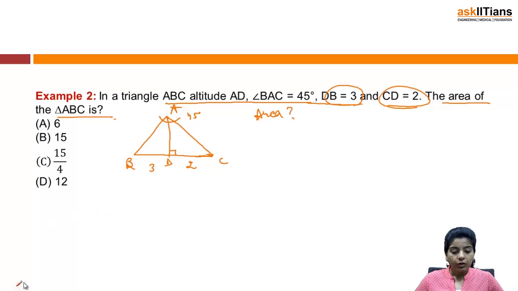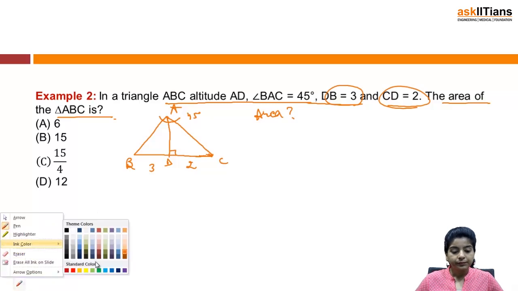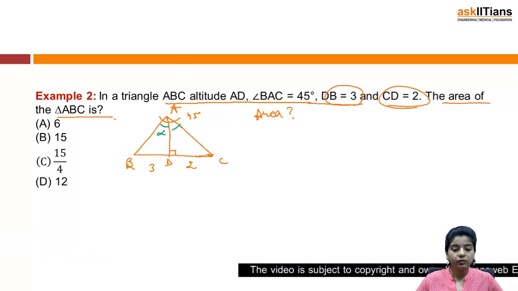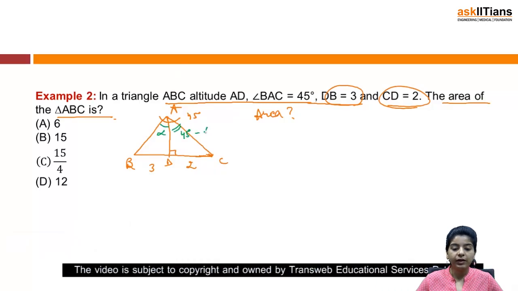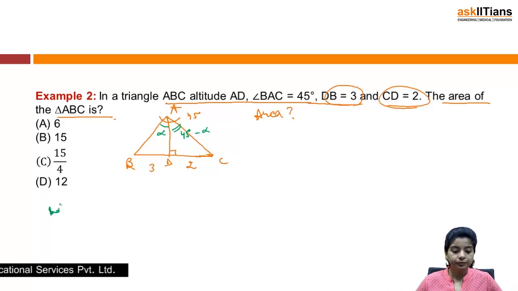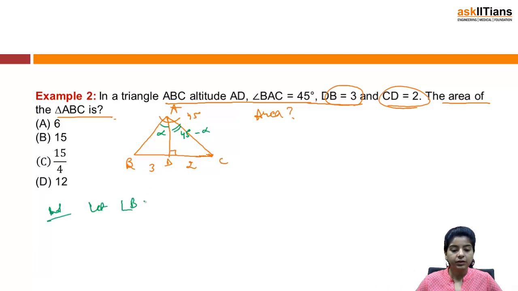First of all, let me assume this to be my alpha, so that this becomes 45 minus alpha. And how do we proceed now? Let angle BAD be alpha.